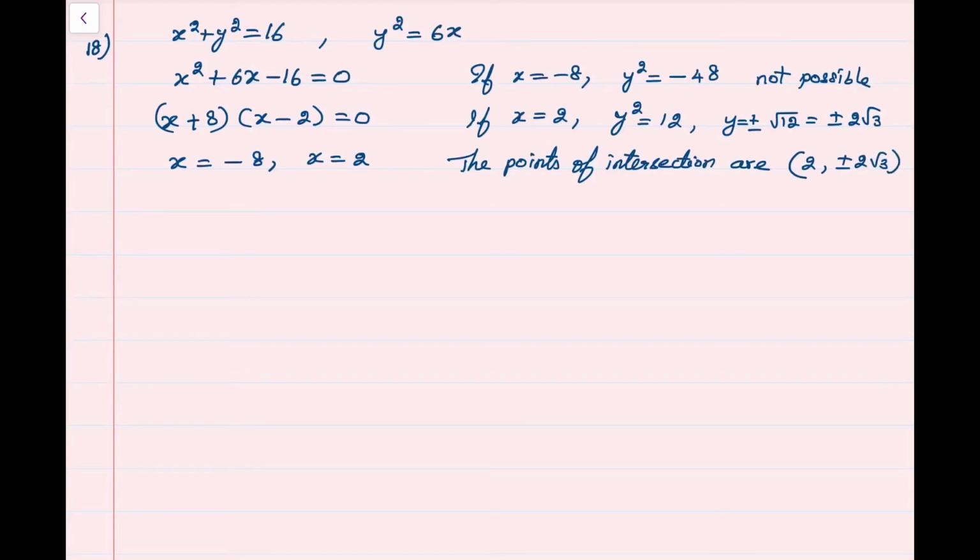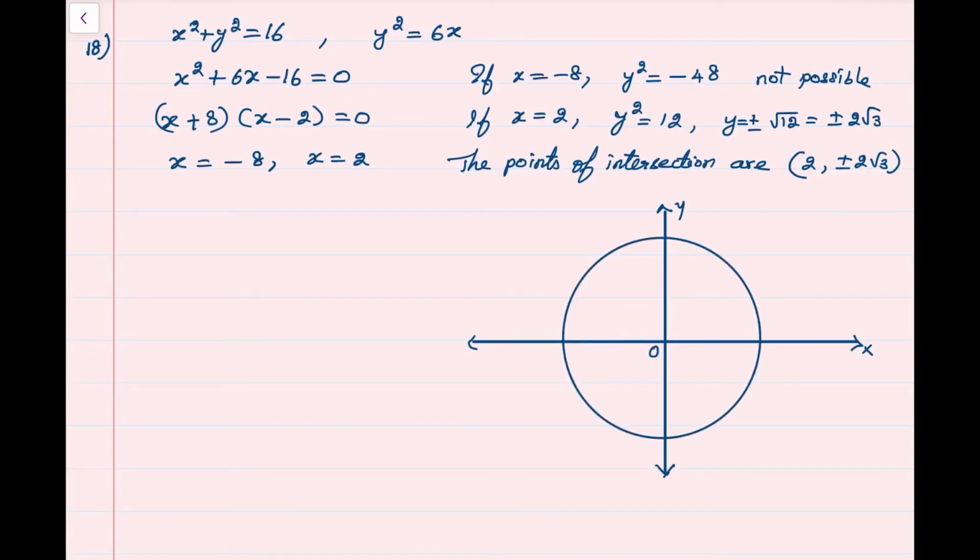Let's draw the figure. The circle equation is x square plus y square equal to 16. Radius is 4 units. x is 2 and the corresponding points on the circle are 2, 2 root 3 and this is 2, minus 2 root 3.